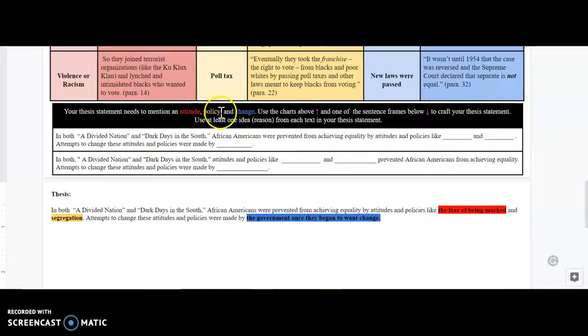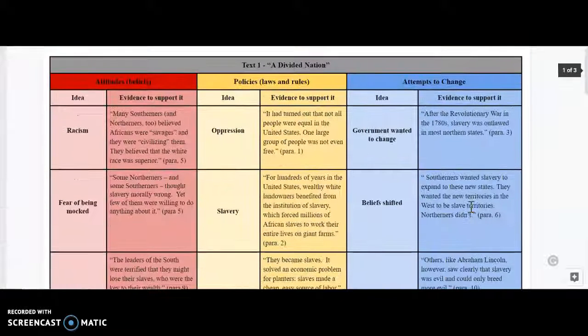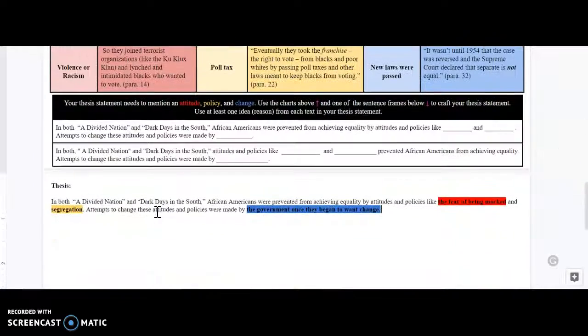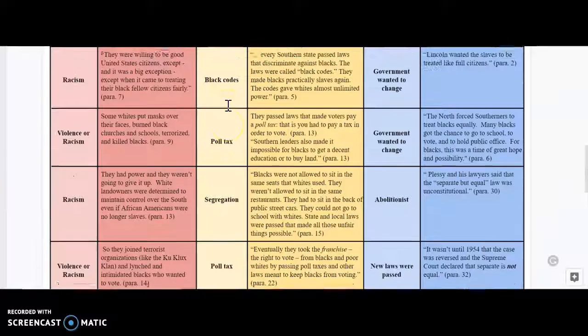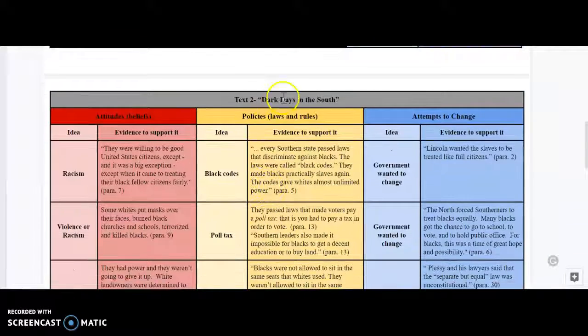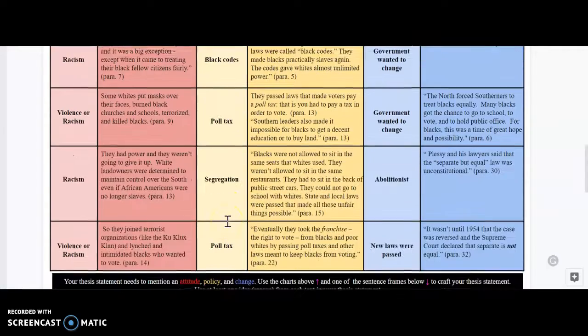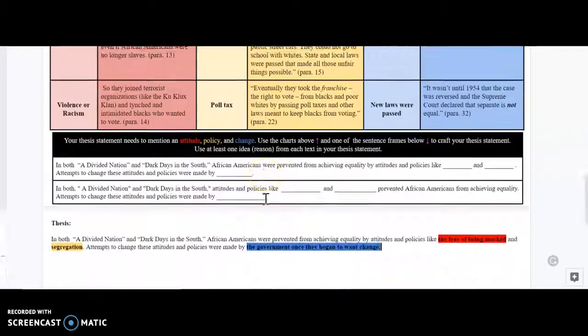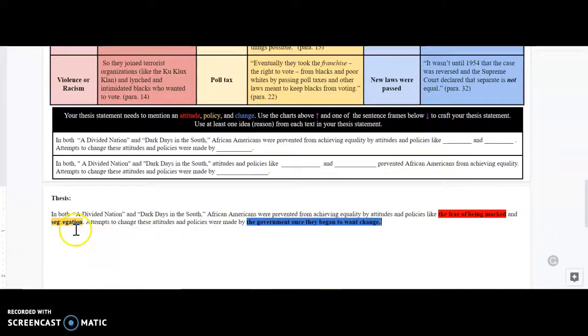All right? I have an attitude and a policy. My attitude came from text 1, A Divided Nation. So I will be using evidence from one text. My policy came from text 2, Dark Days in the South. So I will use the evidence from that second text. So I already covered that idea.